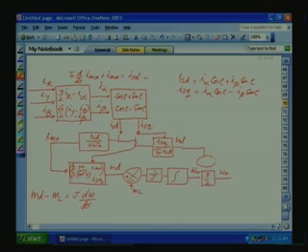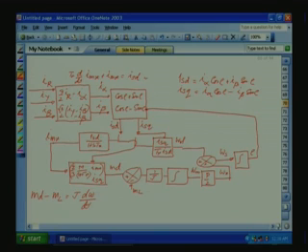Omega slip plus omega R will give omega S, that is the speed of rotation. When you integrate, you will get rho, the rotor flux position. This rho we will feed here, so that from the lookup table we can generate cos rho and sin rho. So if the field orientation is correct, this is the machine model under field orientation.